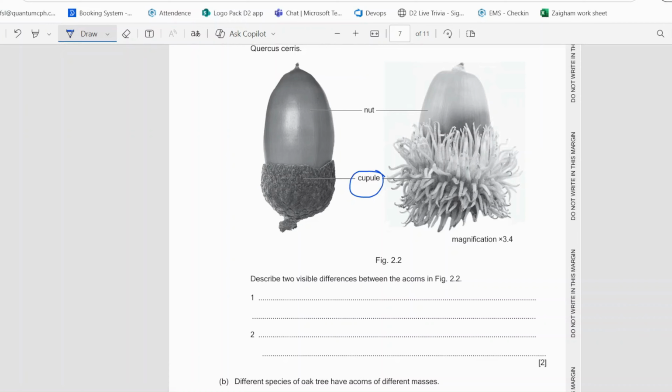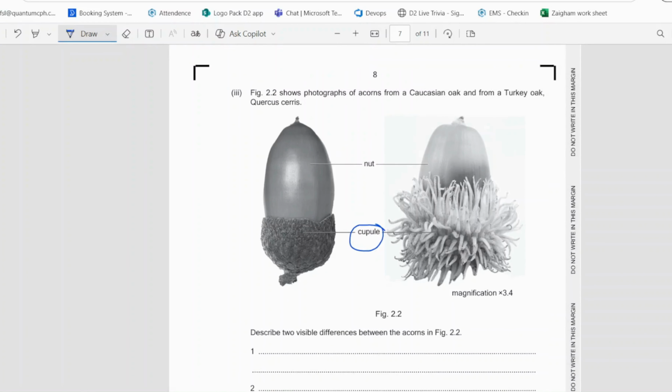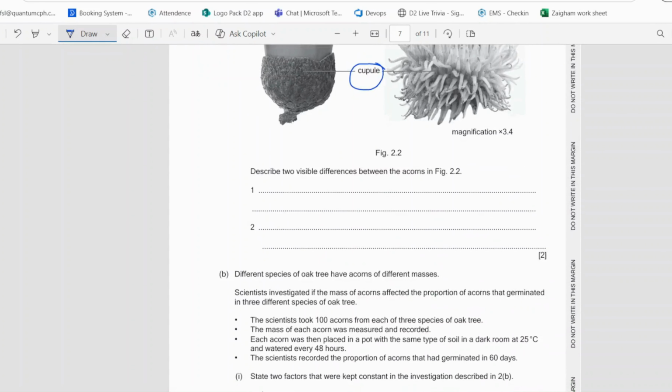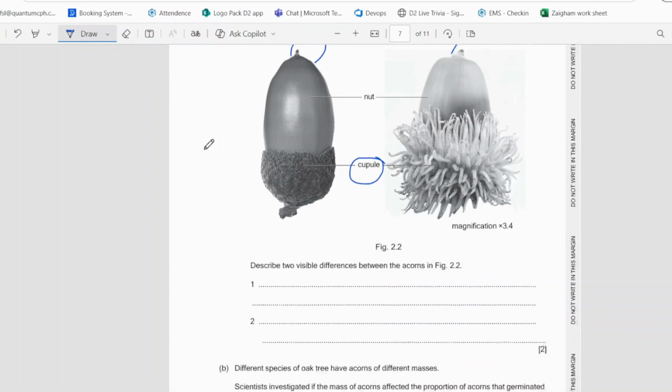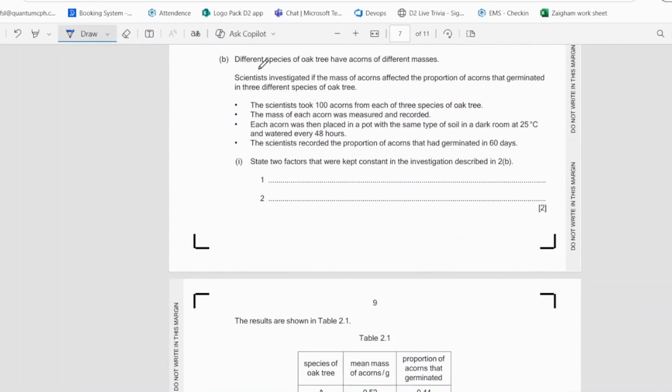Okay, correct. Okay, lighter color. Okay, two differences are enough. Or moreover, we can talk about the tip. The tip for this oak is more pointed as compared to the other one. Okay. Different species of oak tree have acorns of different masses.